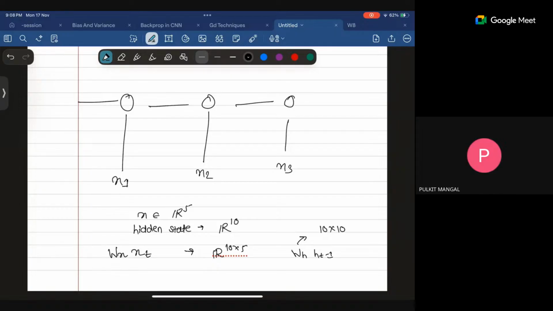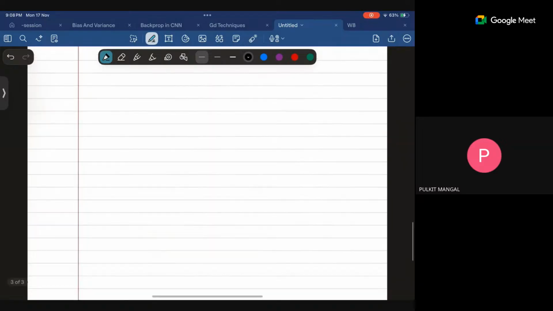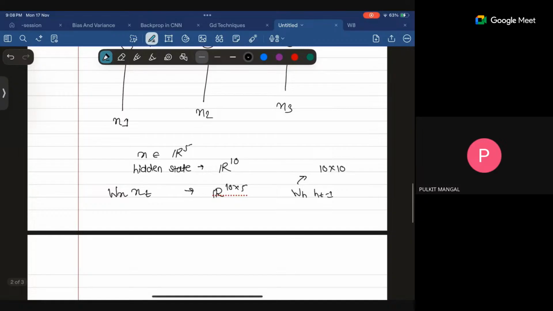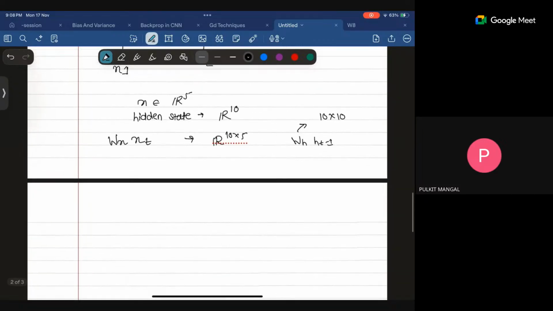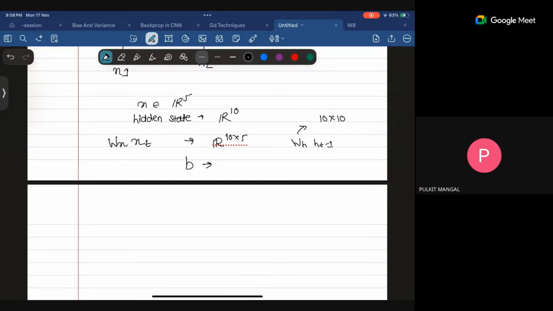One minute, what are you saying? Is that x or n? That's x, sorry. Everywhere it's x, nowhere is it n. Okay, so let's suppose for now we ignore the bias. If you want to add the bias, what will be the dimension of the bias? 10.